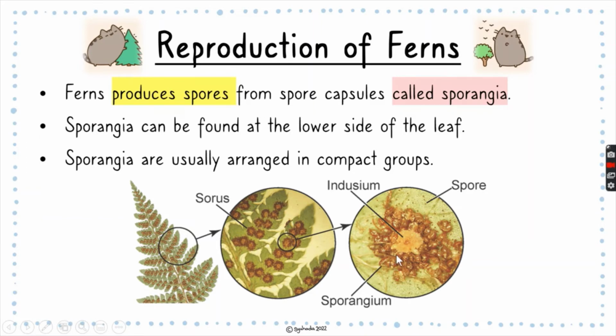They look really gross. But look over here, those little dots. Those little dots are the spores. So they are the ones that make those spores, which is the reproductive cell that in the end, under very good conditions, will develop into a new fern plant.